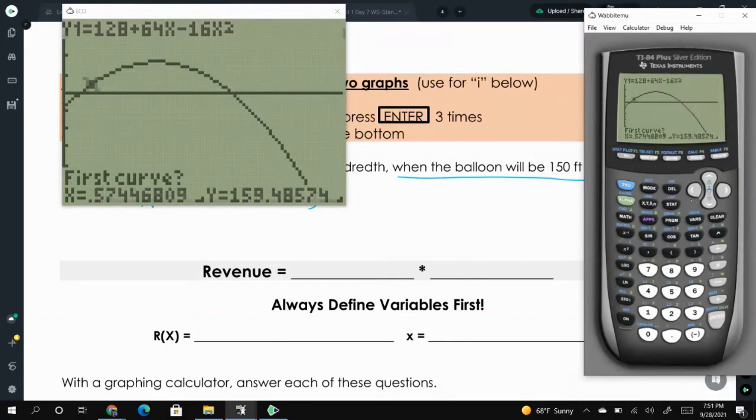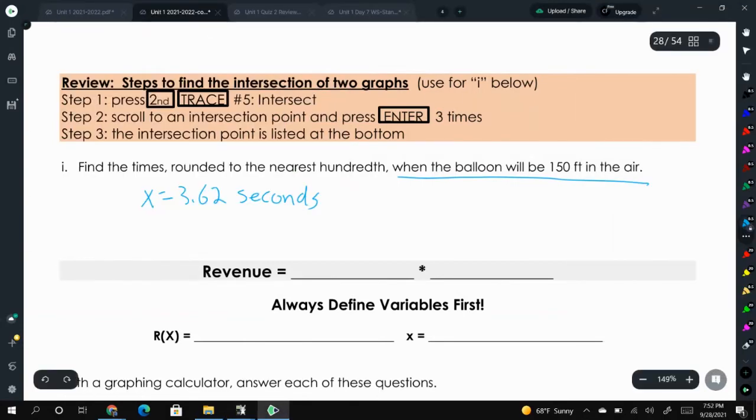If you're not close, then it might find the wrong intersection point. So we're a little bit away, obviously, but it should still work. So you see 0.379, so we would round that up to 0.38 seconds. 0.38 seconds. So that's a way to use your graphing calculator to answer some of these questions when the numbers are not so nice and not so easy to work with.